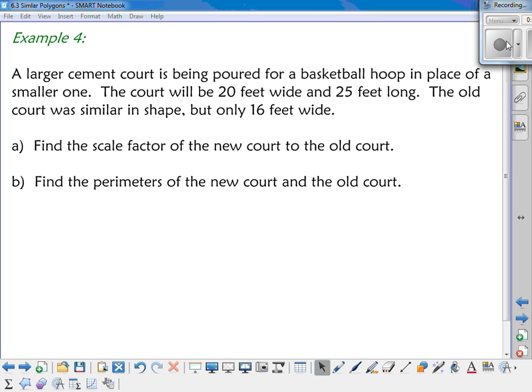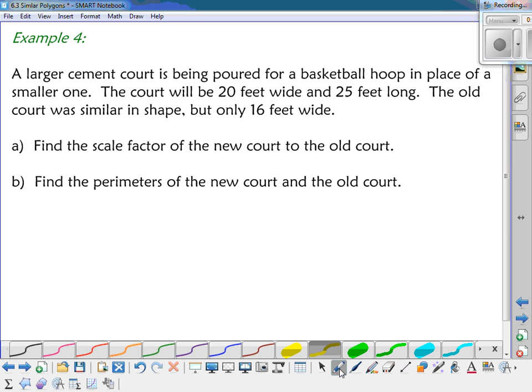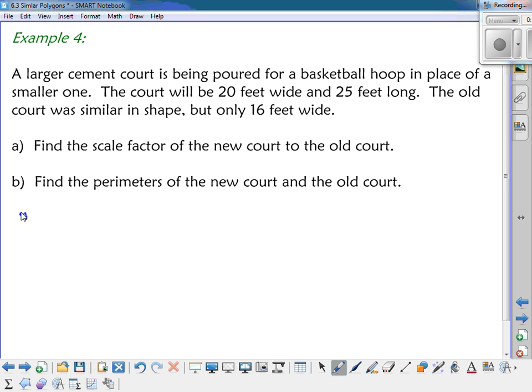So first of all, I'm going to draw myself a picture to help myself visualize it. So they told me the new court was going to be 20 feet wide and 25 feet long. So I can figure out my perimeter by adding up the sides.